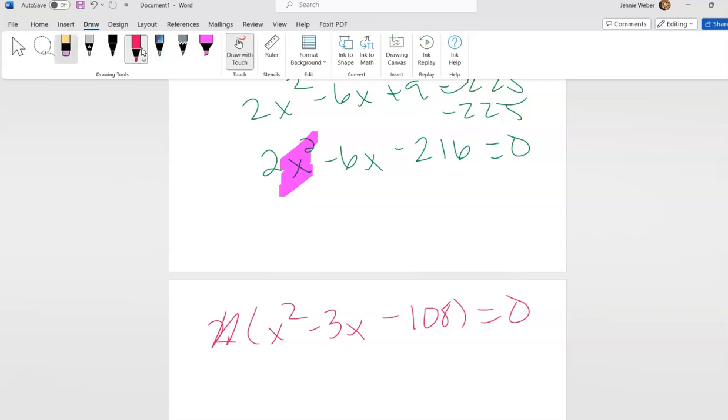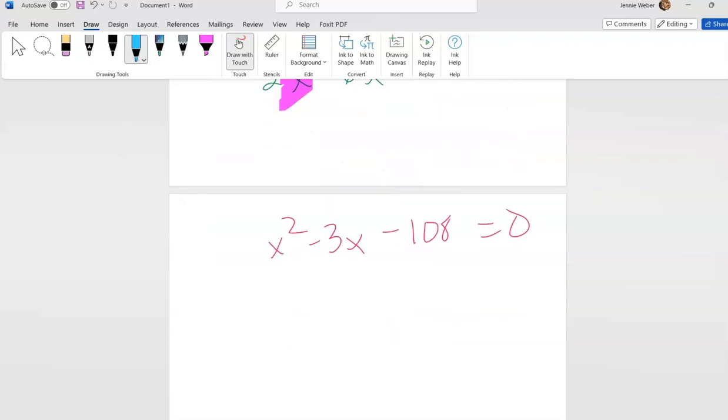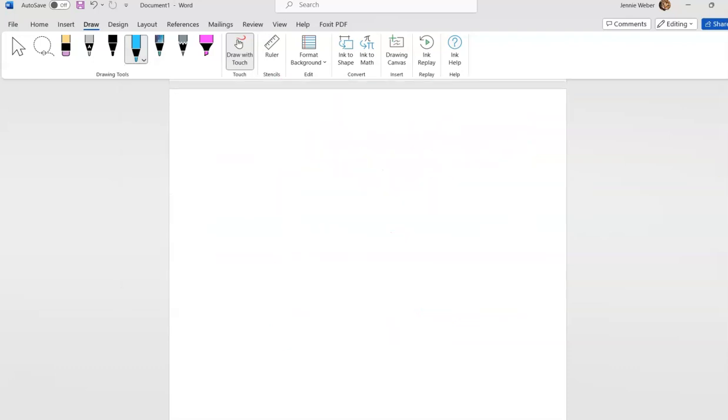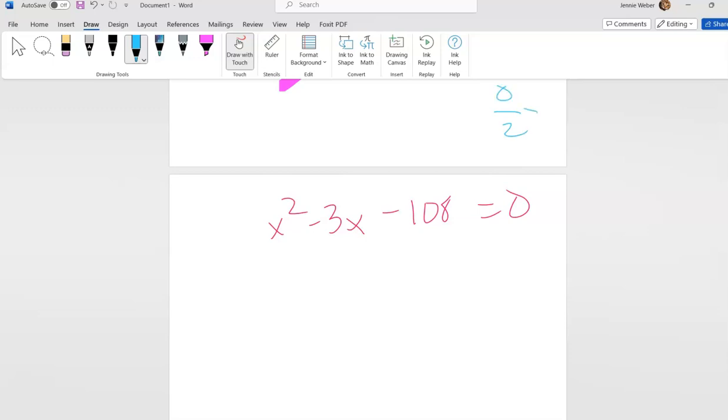So I can just erase this, because when I divide 0 by 2, it goes away. I don't even have to carry it. If I was actually factoring this expression, I would carry it to the end, but in this case I don't need to because I'm solving, and what I really did was divide 0 by 2, which is 0.